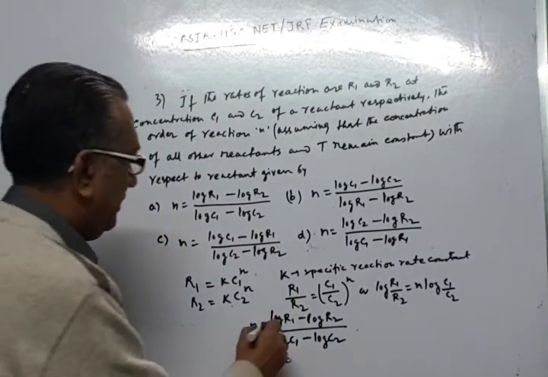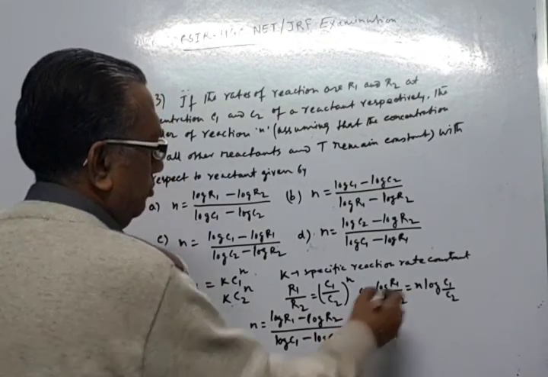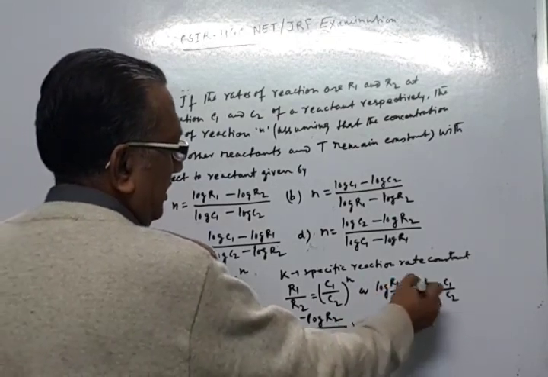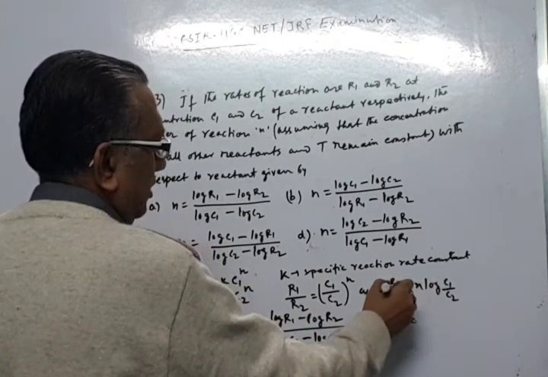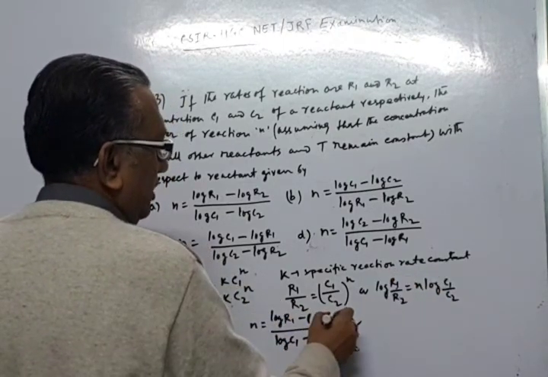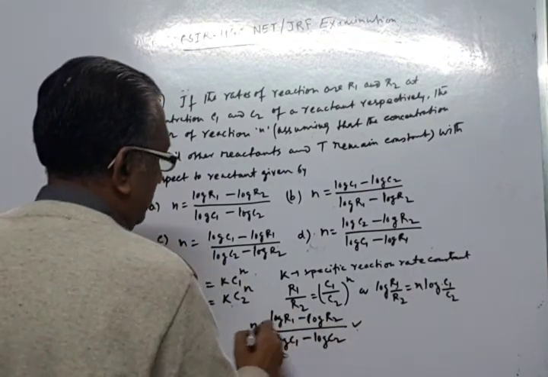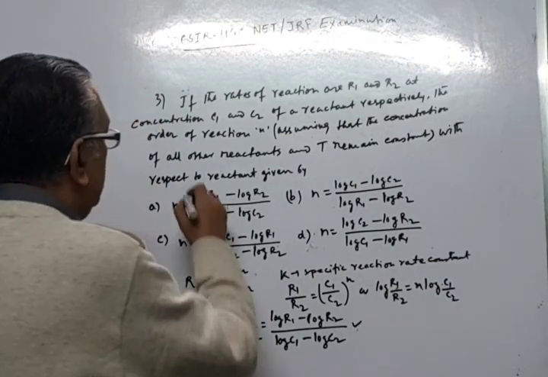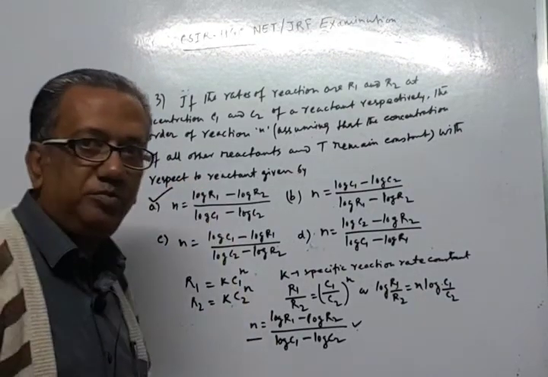So this is the correct relation. So n equal to this relation comes, and our correct option is A.